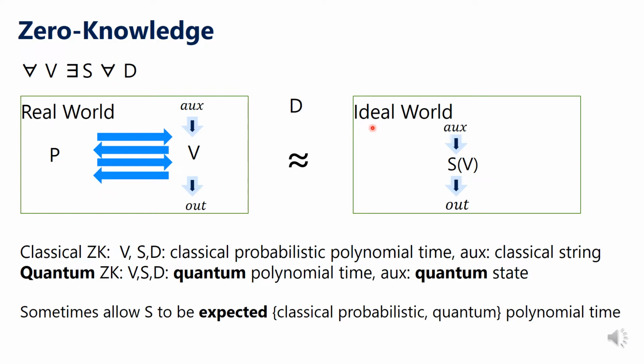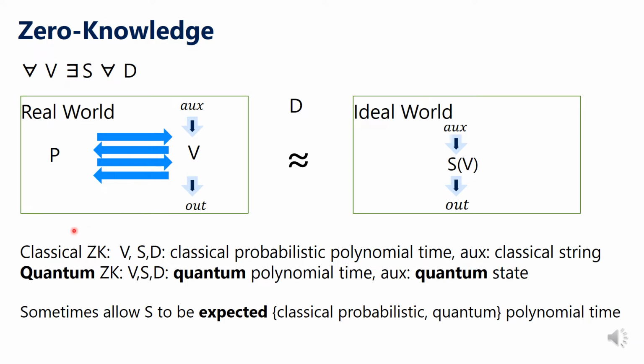On the other hand, in the ideal world, a simulator that depends on the verifier gets the same auxiliary information and outputs some output without interacting with the honest prover. So this means that everything the verifier outputs after interacting with the honest prover can be simulated without interacting with the prover. And so this means that the verifier doesn't learn anything from this interaction.